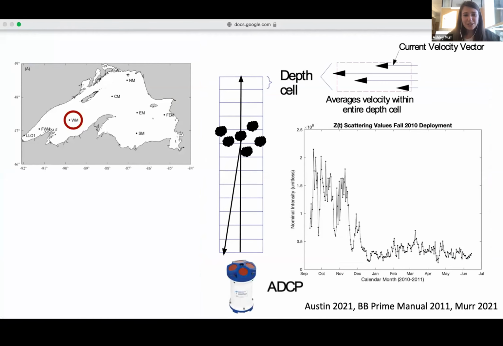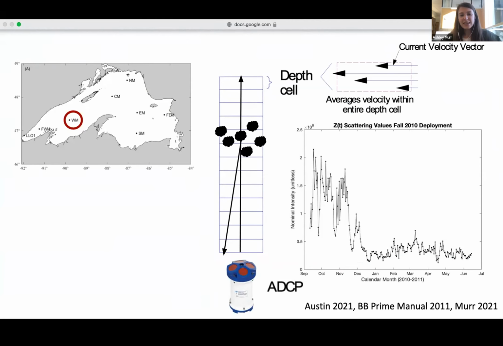In physical limnology, like I said, we use observations over long periods of time to understand what's happening in the lake. In Lake Superior, we have a mooring called the Western Mooring, circled in red on the map in the top left. It has one of the longest data sets in the Great Lakes.